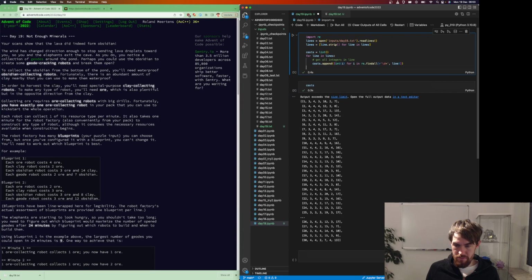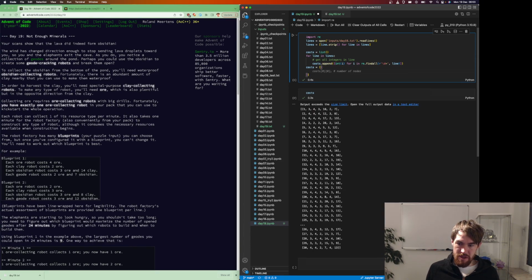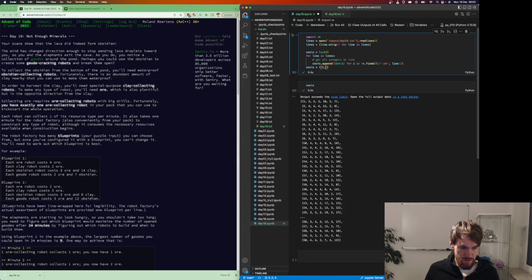And for now we can say costs is this array. Why am I even typing this? It's so annoying. 1, 4, 2, 3, 14, 2, 7. But I love having unit tests, so 2, 2, 3, 3, 8. 2, 2, 3, 3, 8, 3, 12, 1, 4, 2, 3, 14, 2, 7. Perfect.